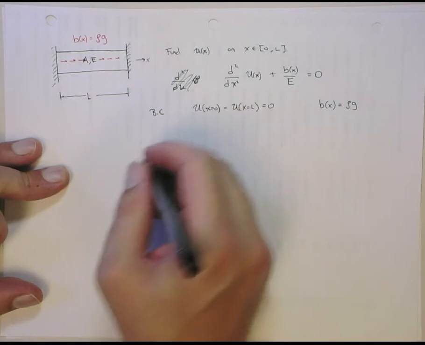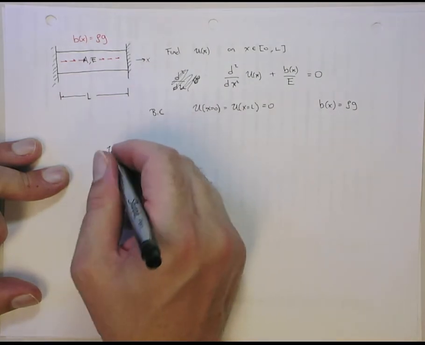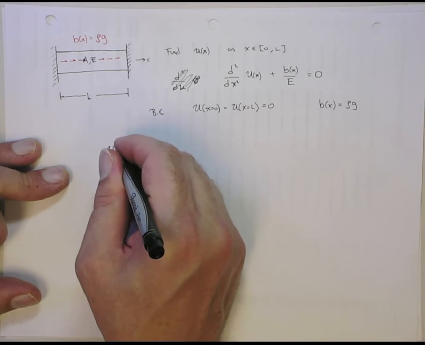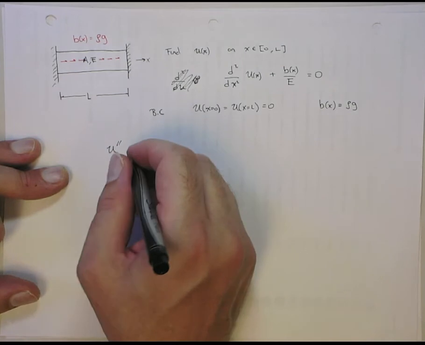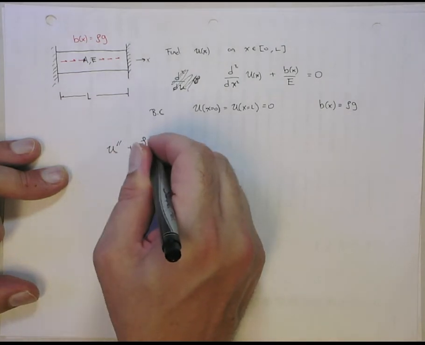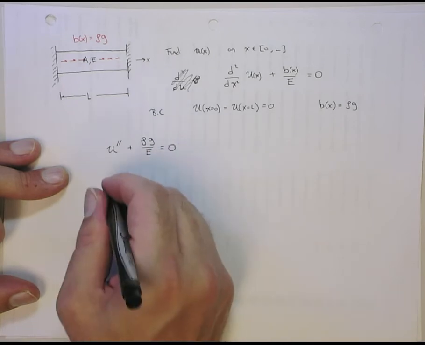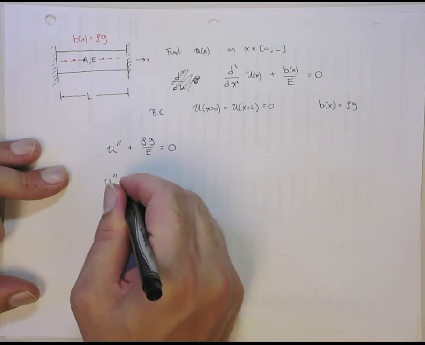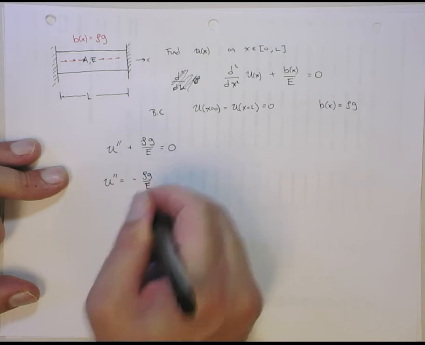So let's substitute that in. I have the second derivative of u with respect to x plus rho g on E equals 0, or the second derivative is equal to minus rho g on E.